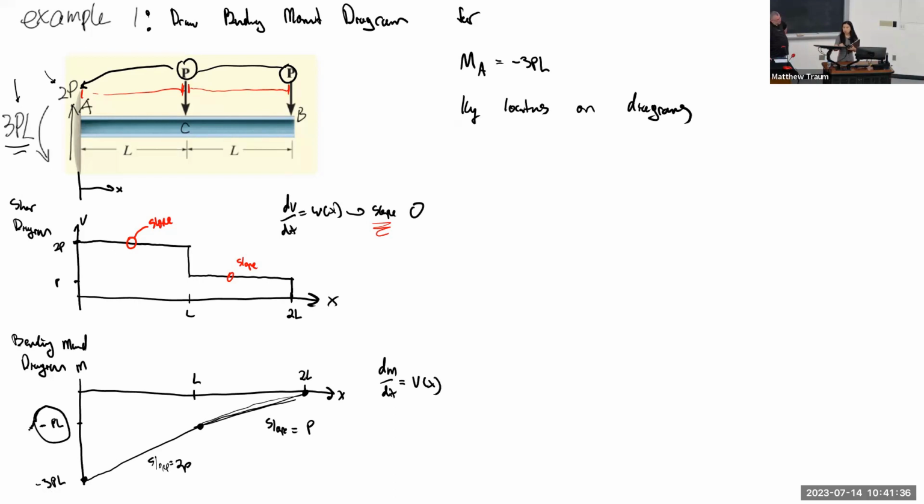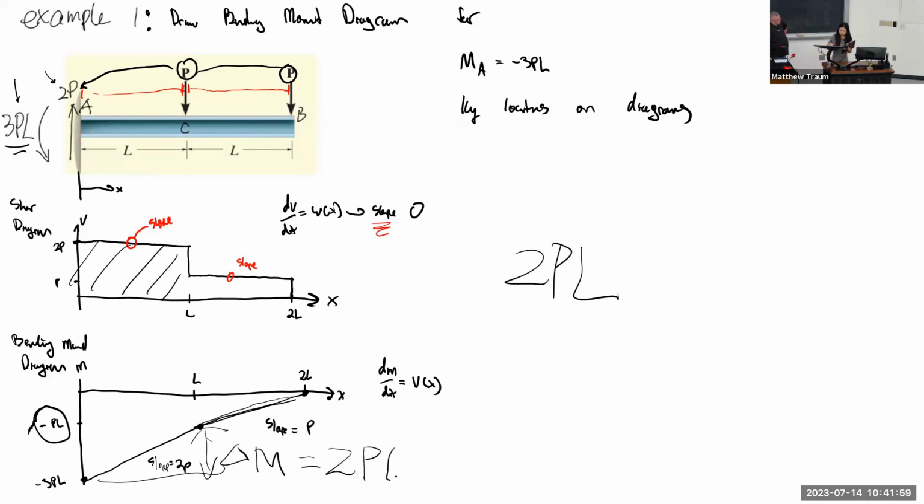This is the second part of the theory, because the area in the shear force diagram, the shaded area, is equal to 2PL. That's why we have this delta M here equal to 2PL, and that's why this one ends up as negative PL.